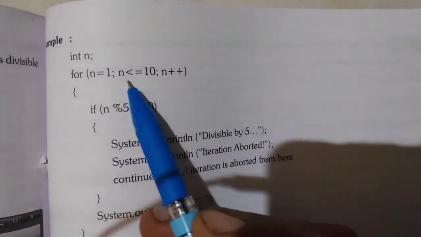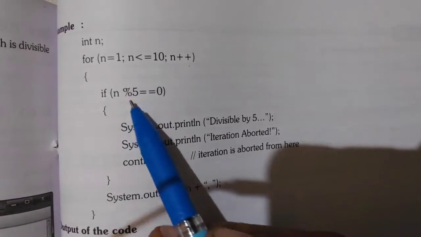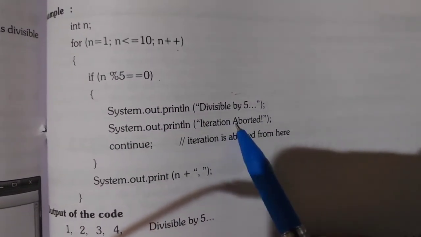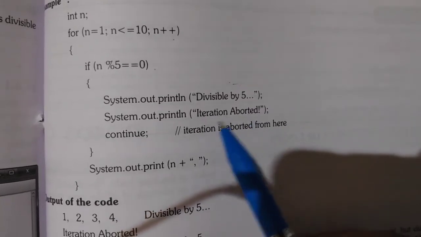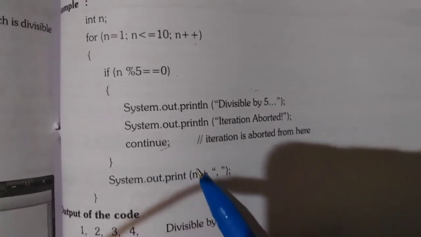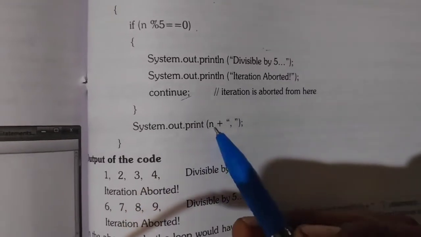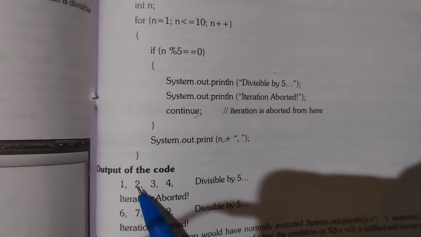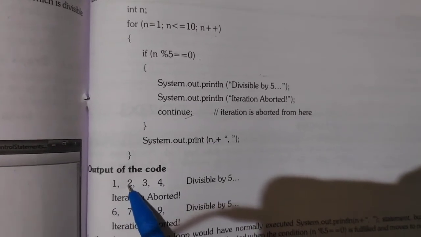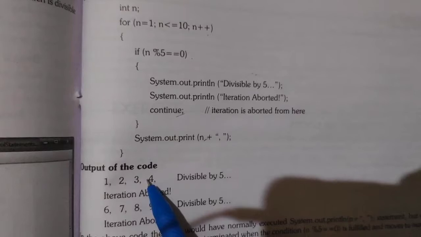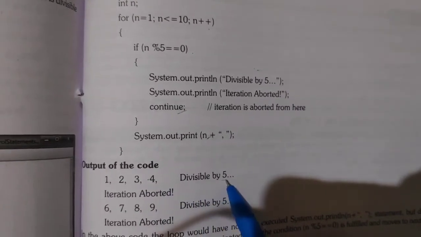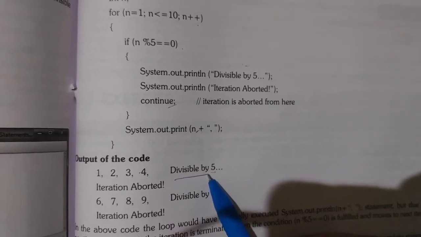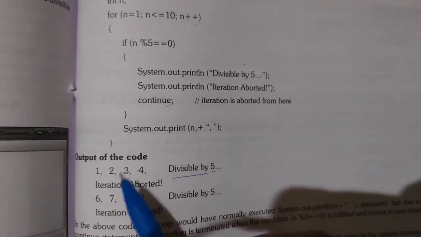For example, here we have the same loop 1 to 10, and inside the loop it is written n modulus 5 equals 0. Then it will show divisible by 5, iteration aborted, and then the continue keyword is written, and after the continue the print line statement is written. So this statement will be skipped if the continue keyword's condition is true. Here, for example, first 1 2 3 and 4 are printed, and for the fifth it shows divisible by 5, and that iteration is aborted, so that iteration is skipped.